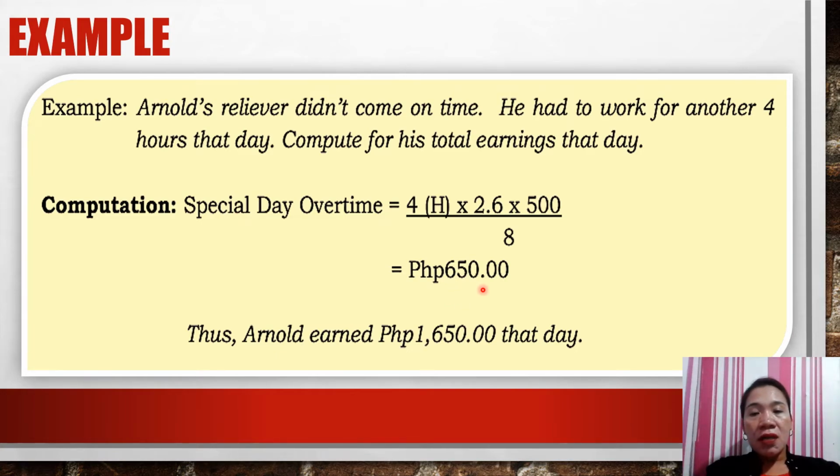Since he already has 1,000 from his 8 hours of work, 1,000 plus 650, he will receive 1,650 for that particular day. It's Christmas, a holiday, so Arnold receives a big pay.